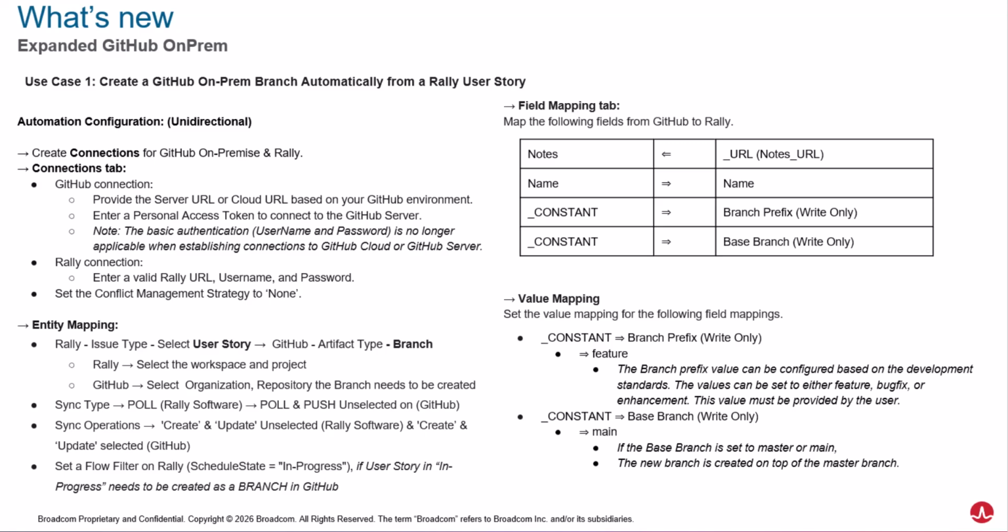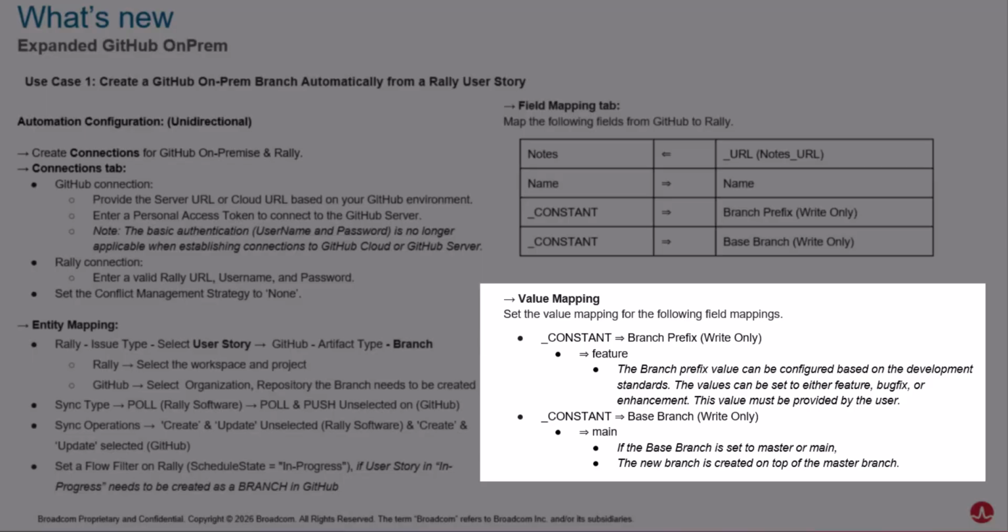A few things we have to take care of when we are creating the branch in the automation: the branch we can prefix. For example, you can have a prefixed branch name called feature, or you may want to call it story or defect. We can give it a constant value in our field mapping so that it always gets a prefix, making it easy for us to identify.